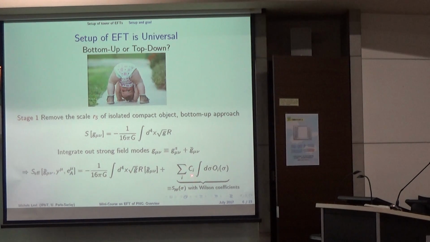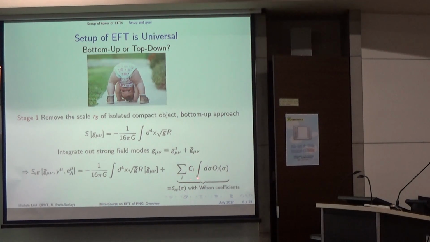All the dependence on the scale that has been integrated out would appear in what we call the Wilson coefficients. These coefficients that precede the operators that we construct, encapsulating in them all the UV physics that we want to suppress.